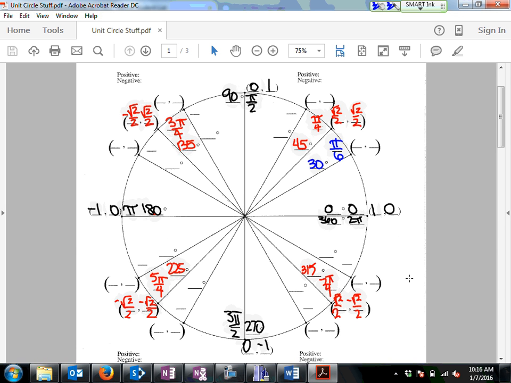Okay? So let's put our blue triangle up here so that our hypotenuse matches up with our radius. How far do we travel horizontally to get to our coordinate? Radical 3 over 2. And how far do we travel vertically? 1 over 2.